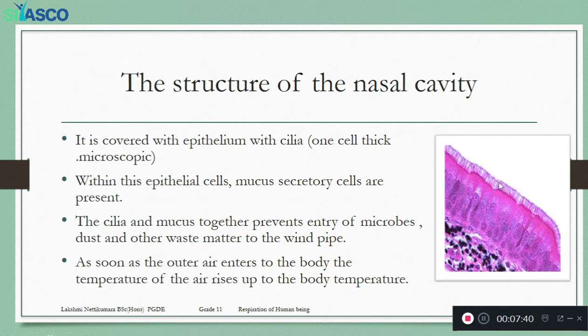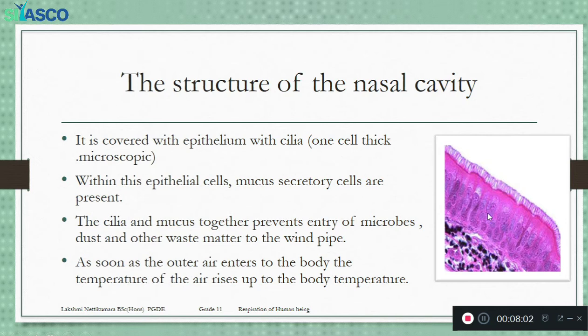So this acts as a purifying filter. So this clears the inhaled air to a certain amount. Then this purified air goes to the windpipe.